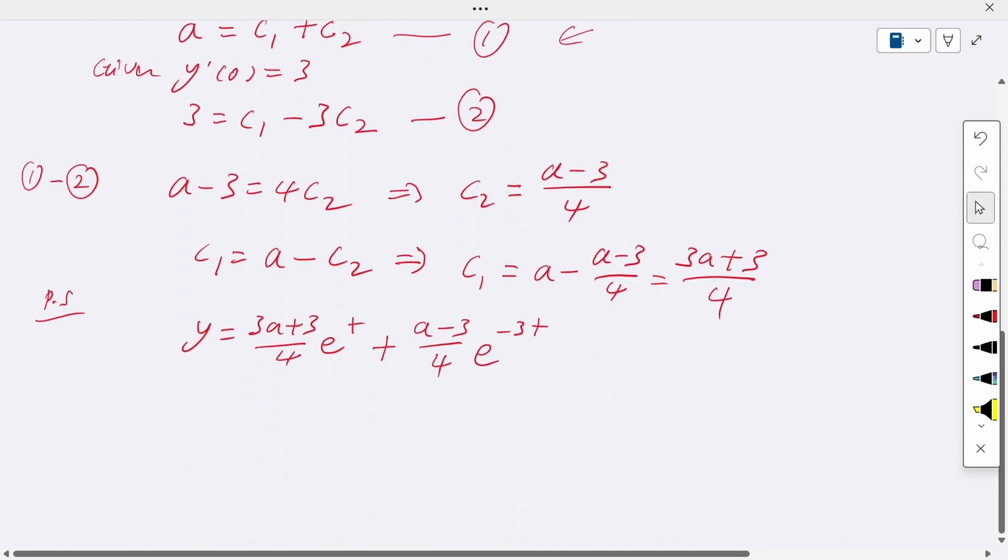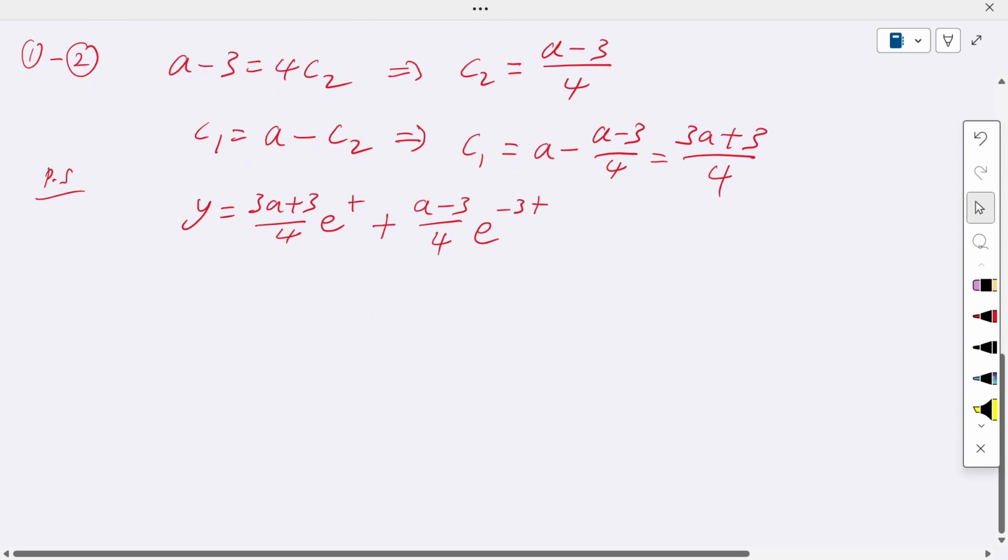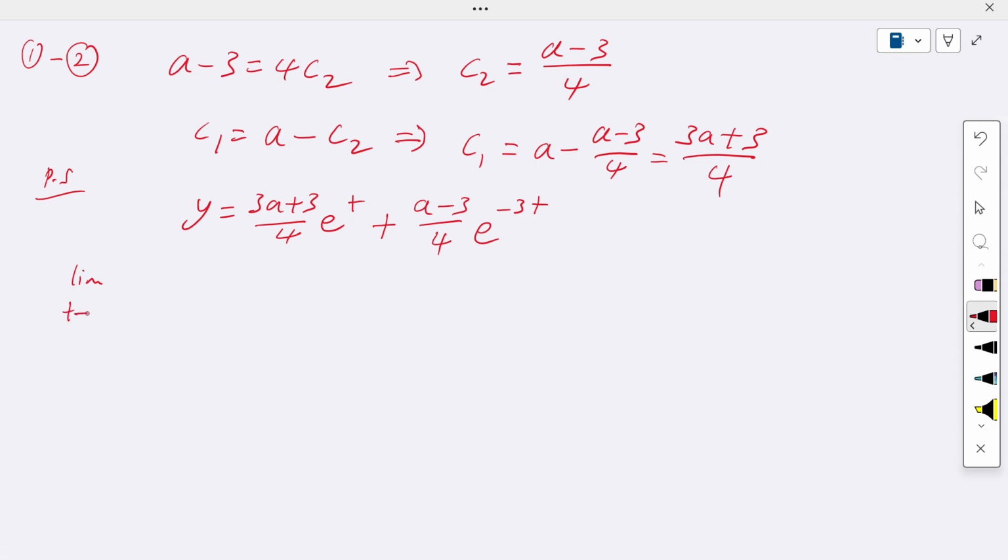Okay, so this is our particular solution. So now, let's assume that if the time t goes to infinity, this function y(t) must be equal to 0.